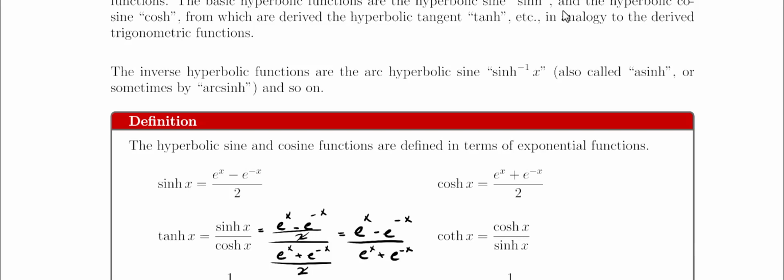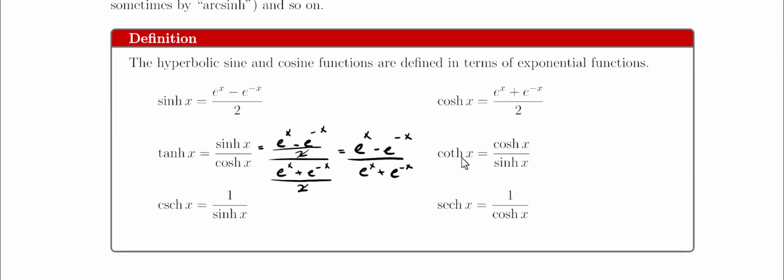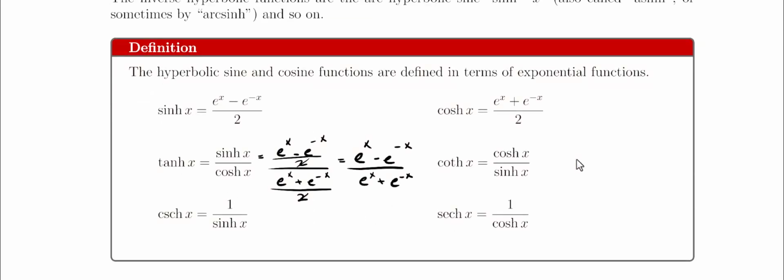Now, we have here also the hyperbolic cotangent, or coth of x, defined as the cosh over the sinh, which we can also rewrite in terms of exponential functions as e to the x plus e to the negative x divided by e to the x minus e to the negative x.